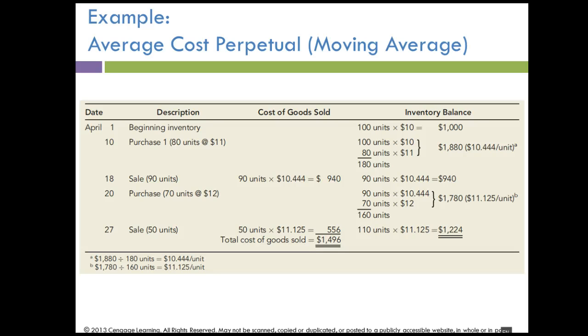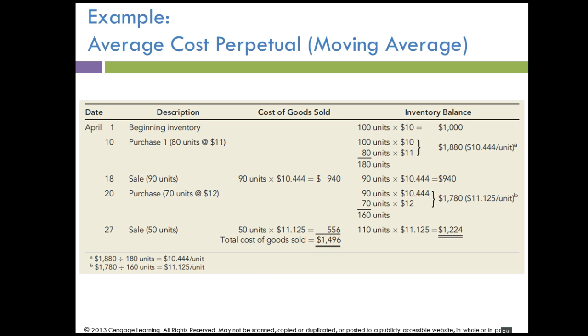So we'll show that sale, and then from there we will be able to show what we have remaining, and then we'll continue to update that as we purchase 70 more units at $12 a unit. We've got our moving average for those 90 units that are still on hand at $10.44.